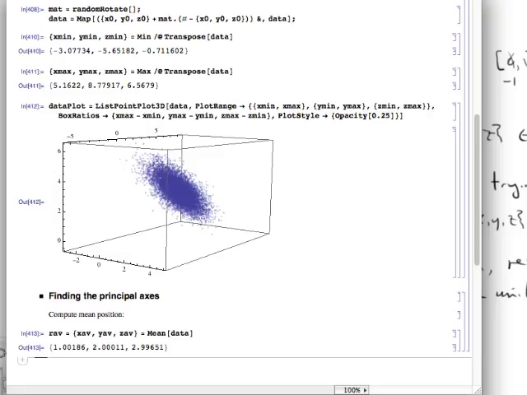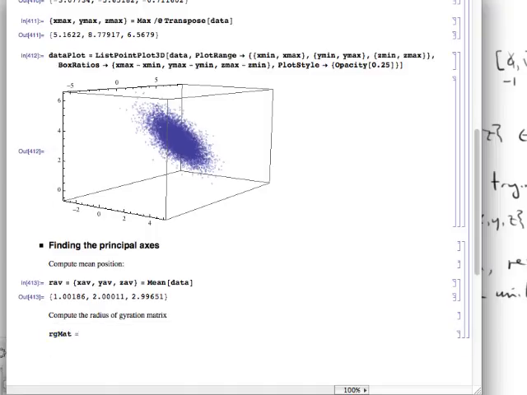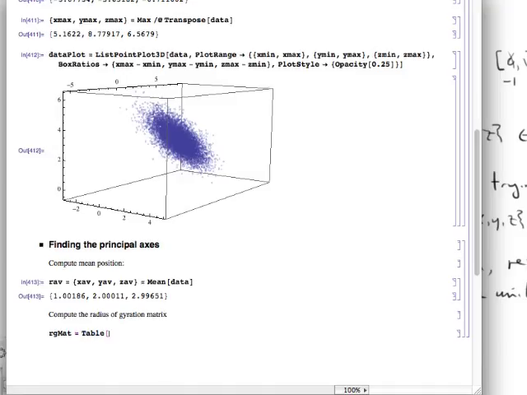Now we're going to compute the radius of gyration matrix. And that's going to be, well, so it's a table of the alpha and beta components.